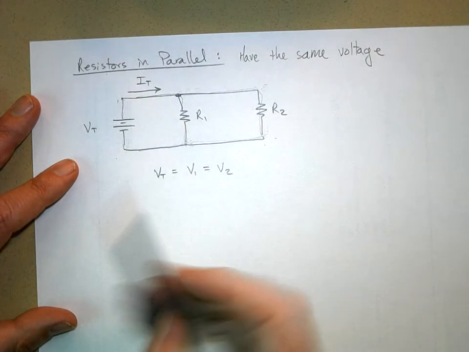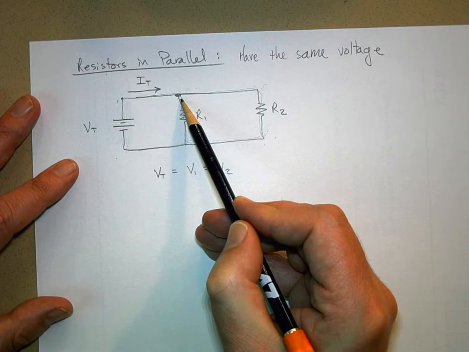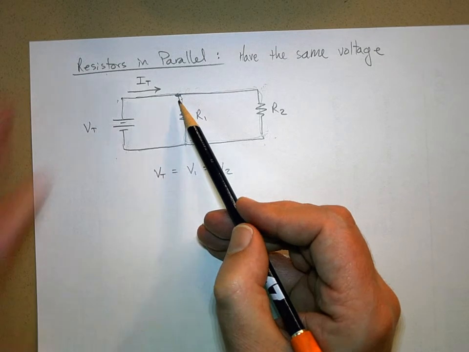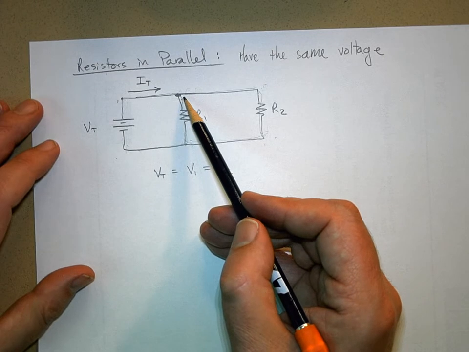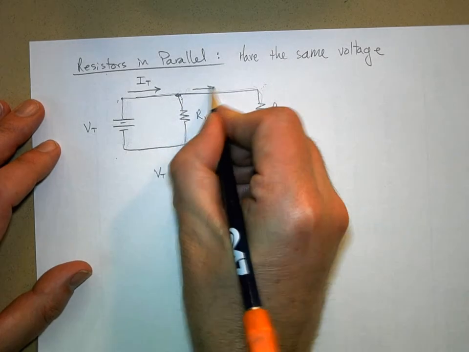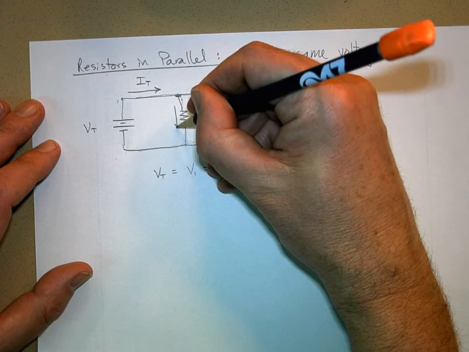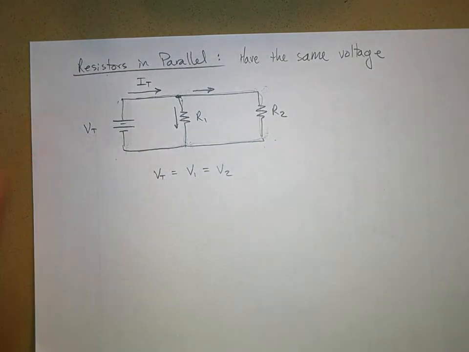The current is going to go through both branches, right? Some of the current's going to go this way, and some of the current's going to go this way. Does that make sense? It's going to split up.